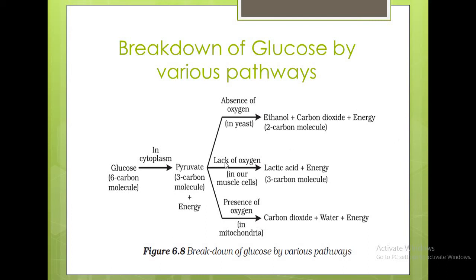So the lack of oxygen takes place in our muscles, and lactic acid accumulates there. Absence of oxygen means completely there is no oxygen. It takes place in yeast, and the products are ethanol, carbon dioxide and energy.